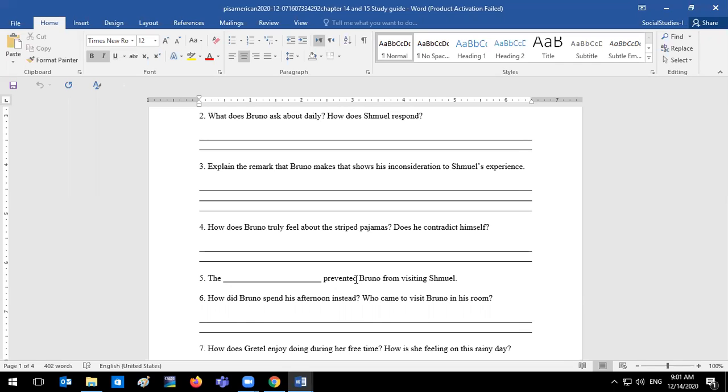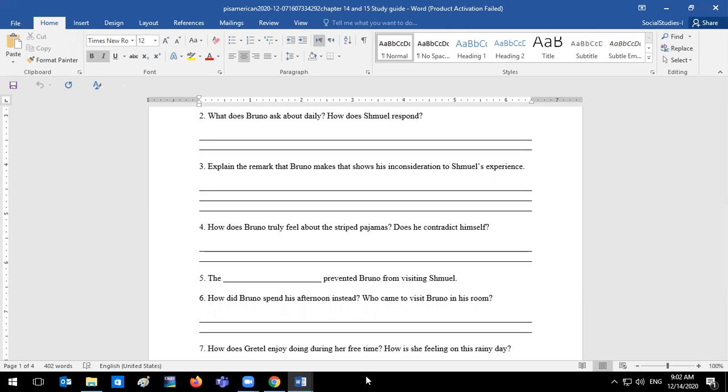So when he says that, of course, Gretel insists on knowing who's Shmuel. Who is that person that you said you're supposed to go see? Who is that person that you're worried about? And Bruno, of course, has no way out except to lie. And to cover himself, he says, Shmuel is an imaginary person that I made up. He's my imaginary friend.